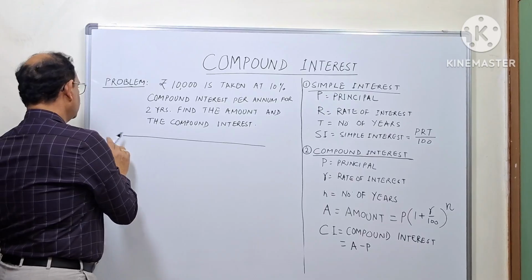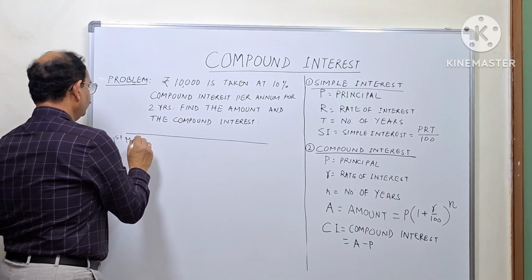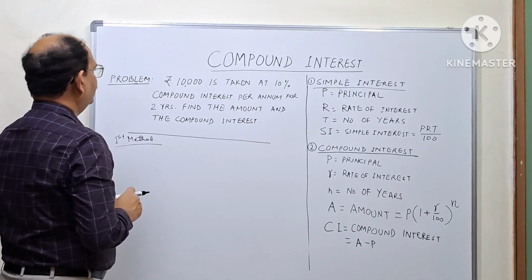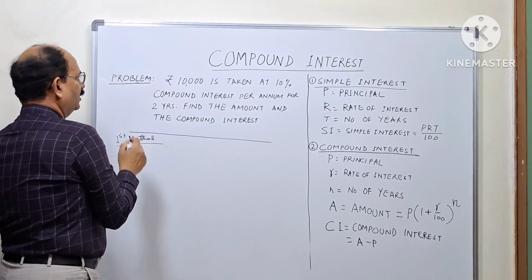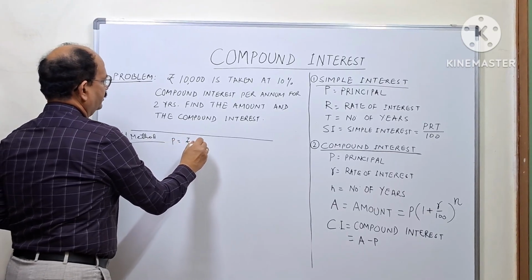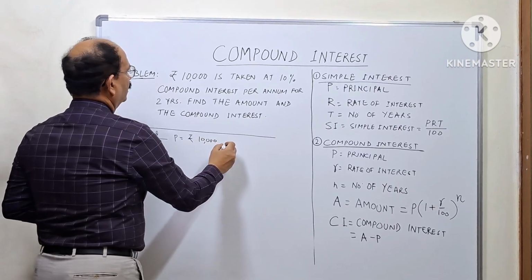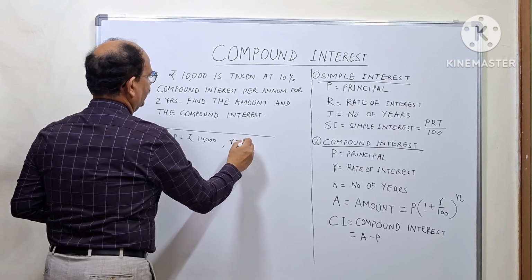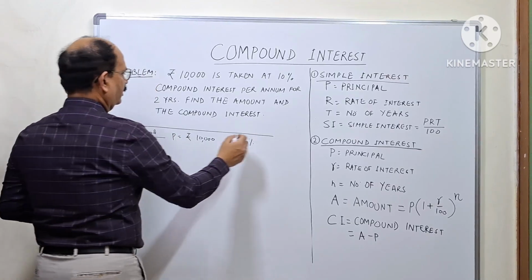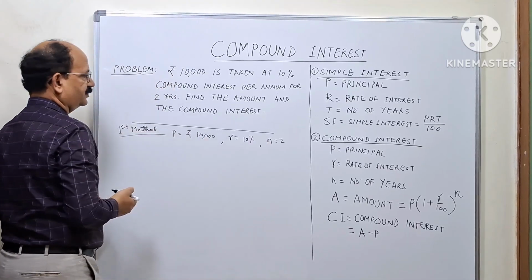So let us solve it with the first method. My principal is rupees 10,000. My rate of interest is 10%. And the number of years is 2 years, right?